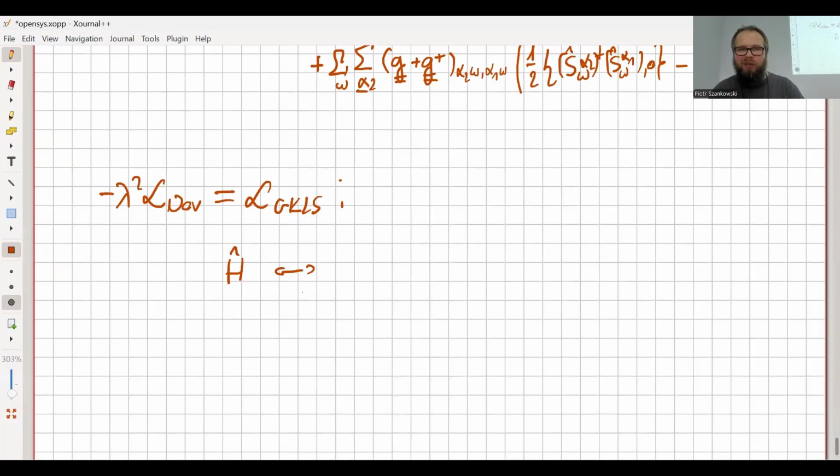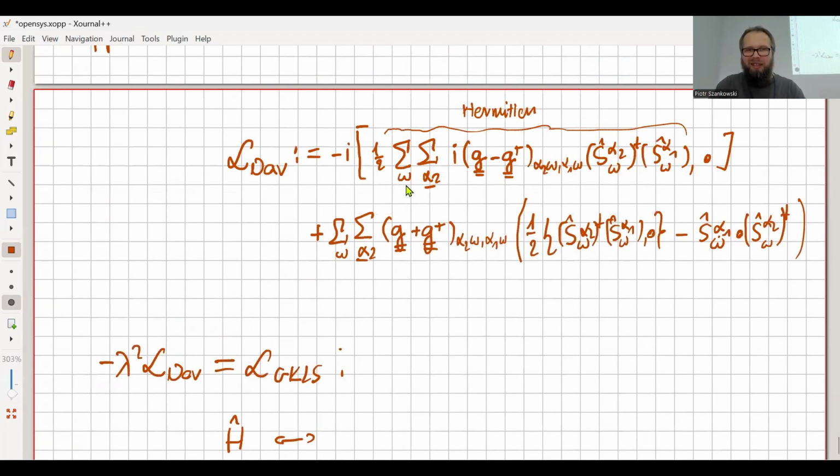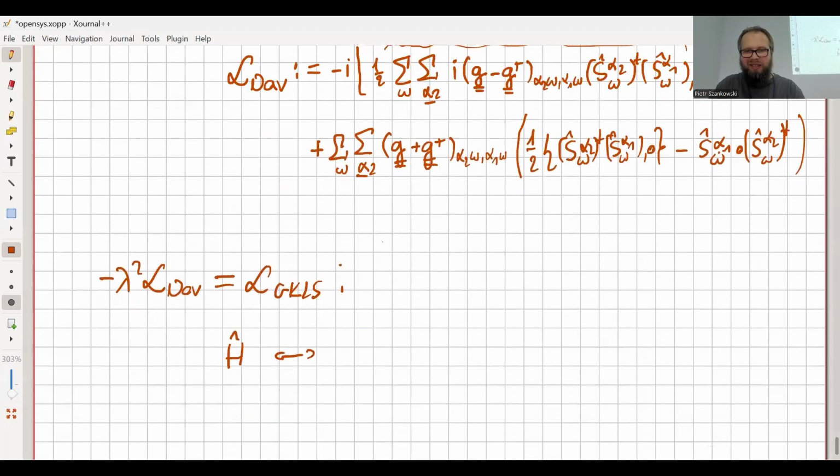This is what corresponds with this. So actually it is minus 1/2 sum over omega, alpha, i times G minus G dagger alpha 2 omega alpha 1 omega.